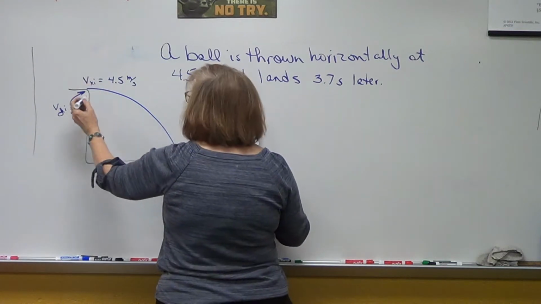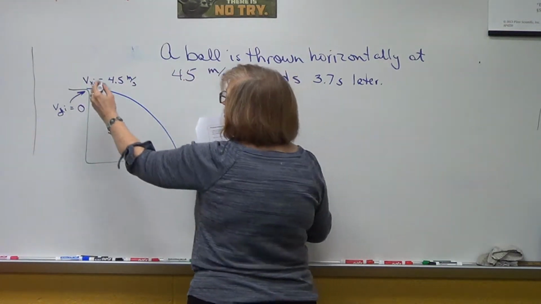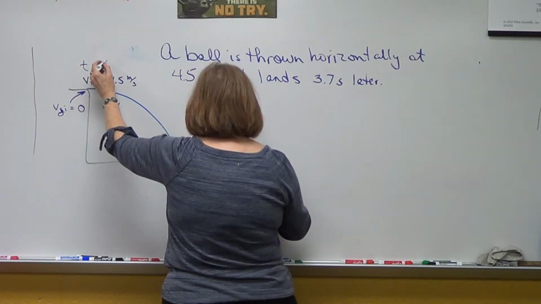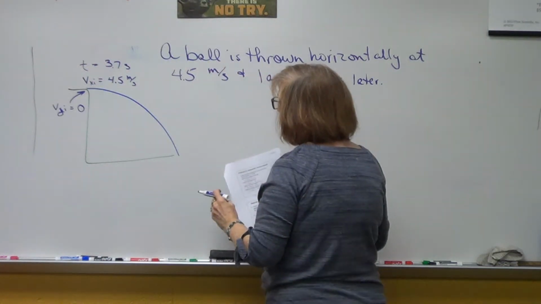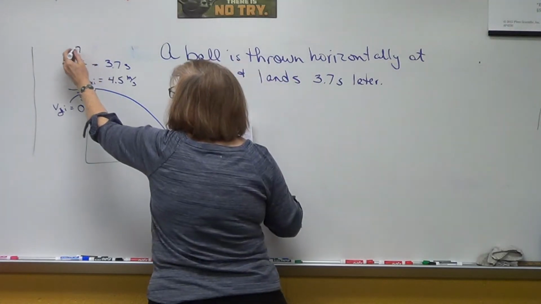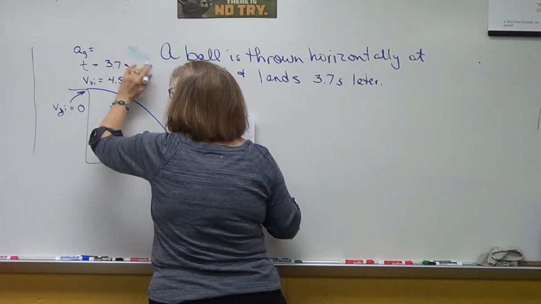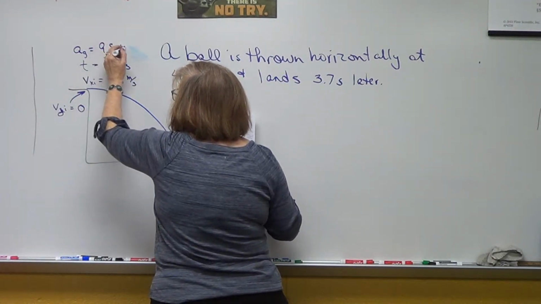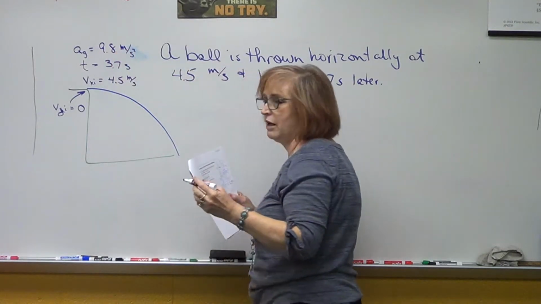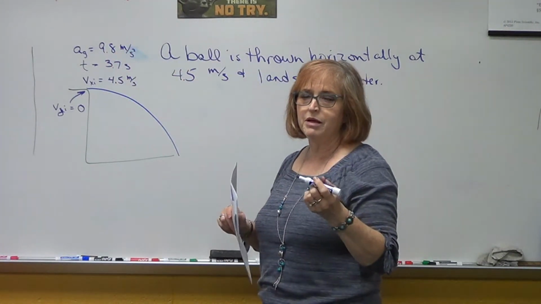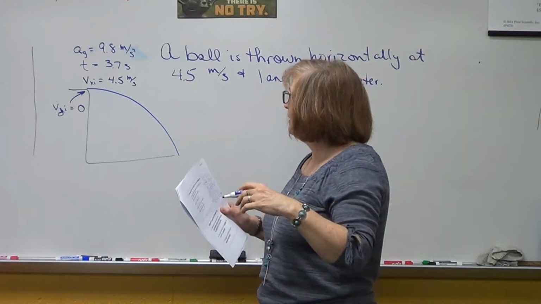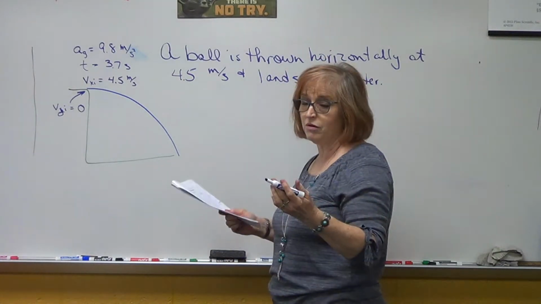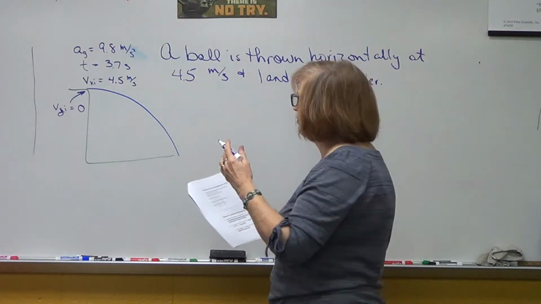And we know that the time for the whole thing is our 3.7 seconds. Okay. We also, of course, know acceleration due to gravity is 9.8. This is where I think it's very handy, with projectiles, to have 9.8 positive down. Mainly because when we do the projectiles that aren't launched horizontally, we have those negatives that we have to put in, but I think it's simpler to do it this way.